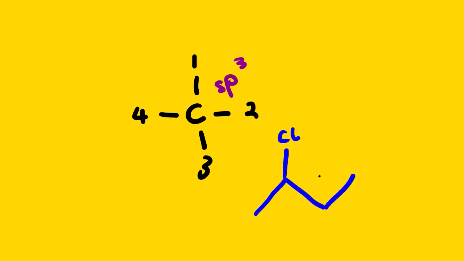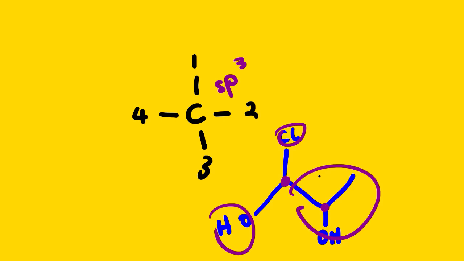Let us put chlorine here, OH here, then we can put another hydroxy group here. Looking at this, we can see that this carbon here is a tetrahedral center, and also this carbon, because if you check it as 1, 2, 3, we consider this as a group, and then we have hydrogen here as group number 4.